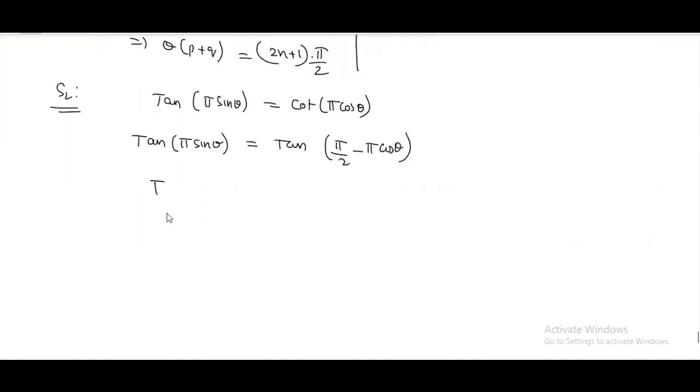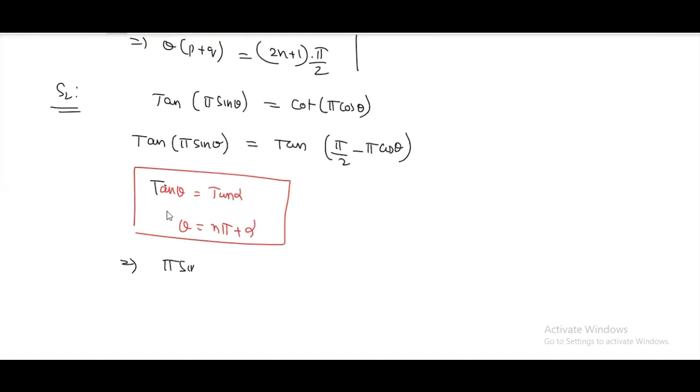So we know tan theta is equal to tan alpha, theta is equal to n pi plus alpha, where n belongs to z. So according to this, I can write this one as pi sin theta is equal to n pi plus pi by 2 minus pi cos theta.